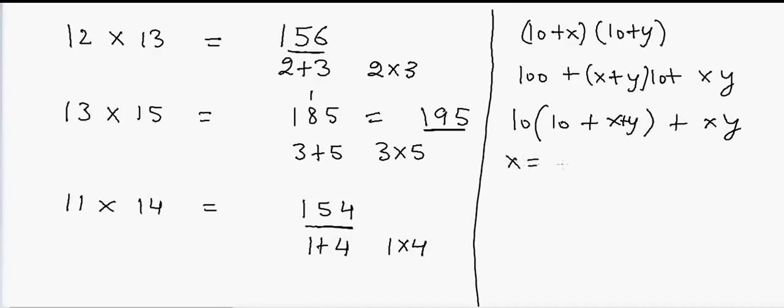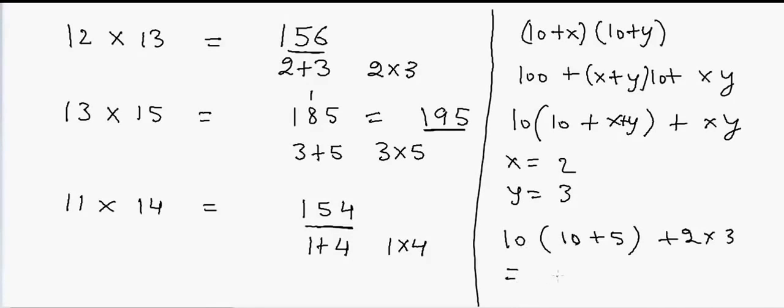If x is equal to 2 and y is equal to 3, you can see it will be 10 into 5 plus 2 into 3. So that will give me 15 and then 6. So it will go to the 10th place. That's how this trick works.